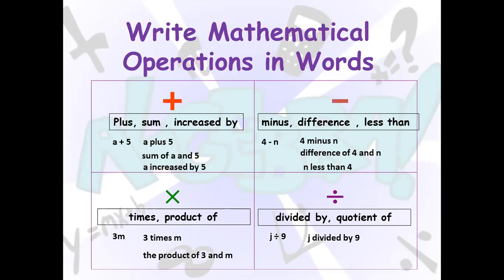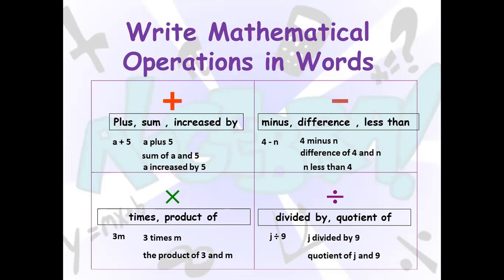This is one way of reading a division expression. Or you can say quotient of j and 9. These are the only 2 ways we can use for dividing an expression. You can pause the video here and write down these important words, because you'll be using them throughout this lesson as we go on.